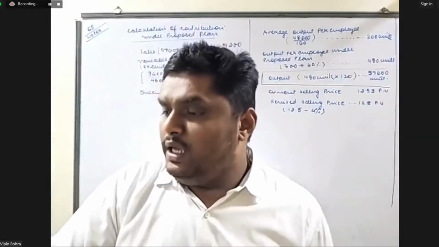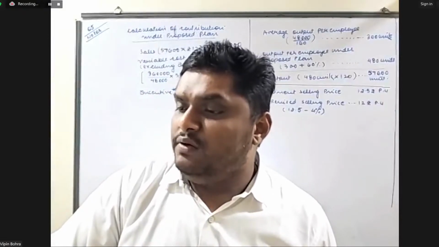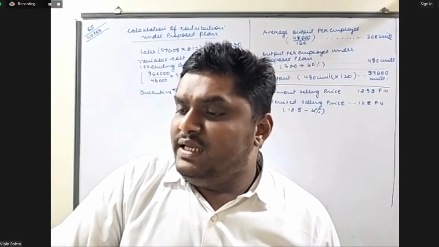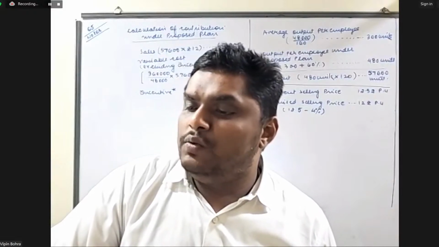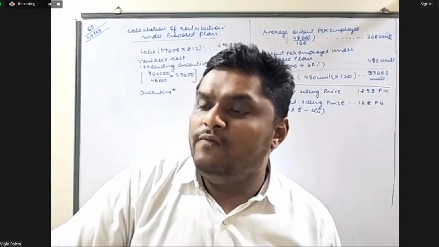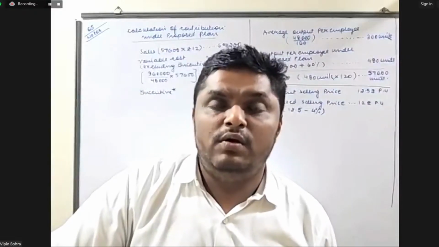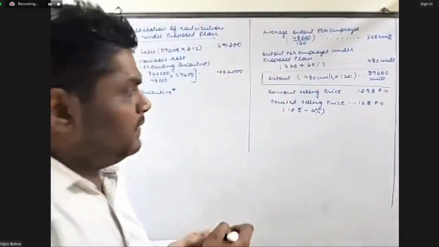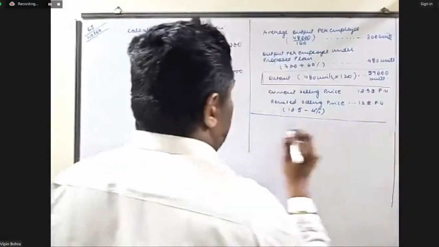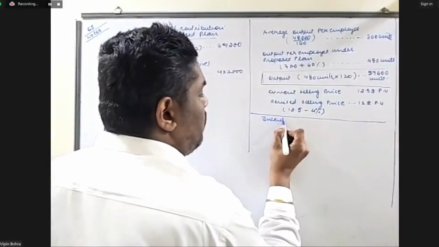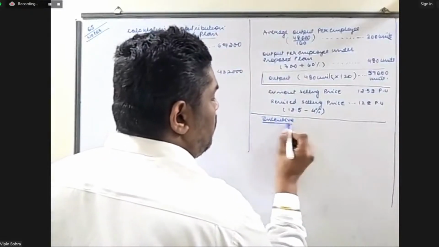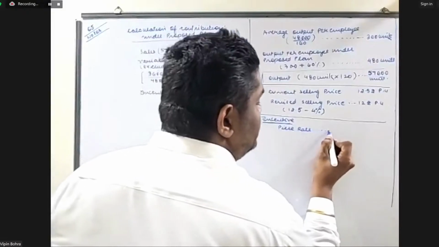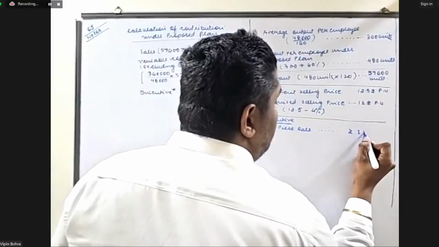So when talking about the incentive part, it is given in the question that to provide the necessary incentive to achieve the increased output, the board intends to offer a 1% increase in piece rate for every 2% increase in output. So the piece rate is rupees 1 per unit.